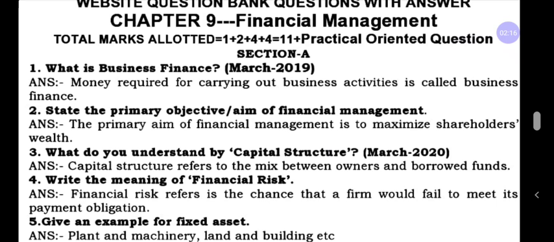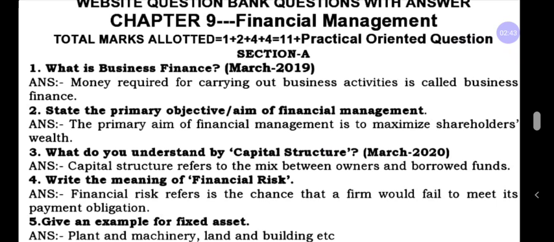Third question: what do you understand by capital structure? This question was asked in March 2020. Capital structure refers to the mix between owner's fund and borrowed fund. If you want to start a business, capital is required.